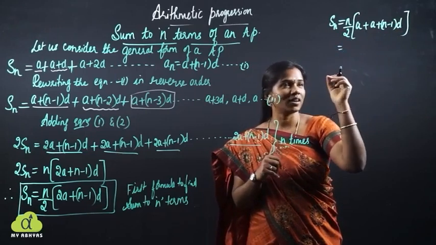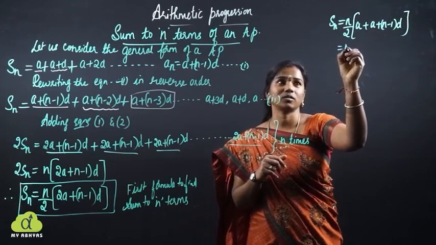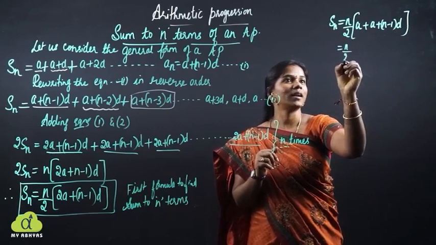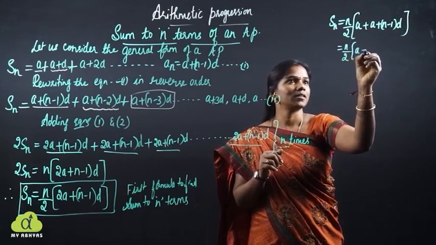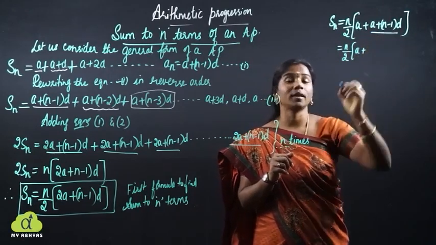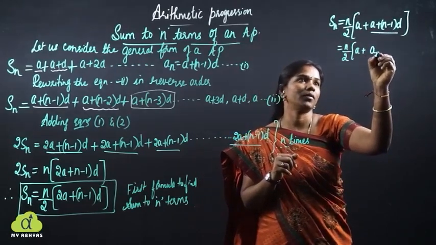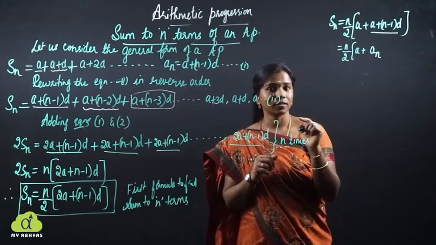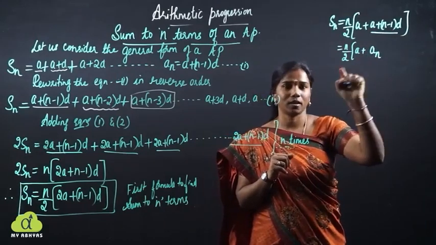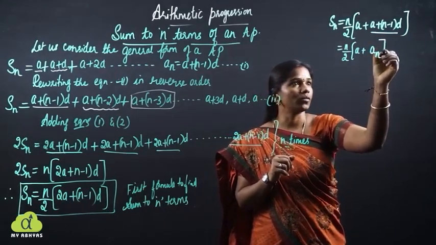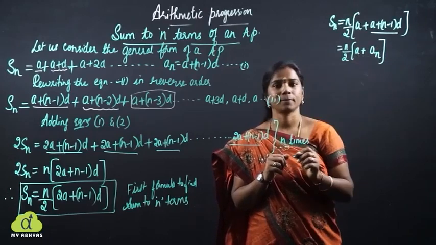Something known, a formula we are coming across. A as it is. So what is this a plus n minus 1 into d? Yes, it is the nth term of an AP, given by an.